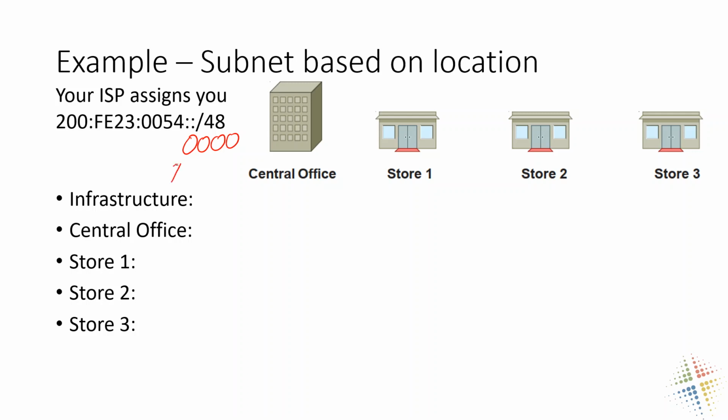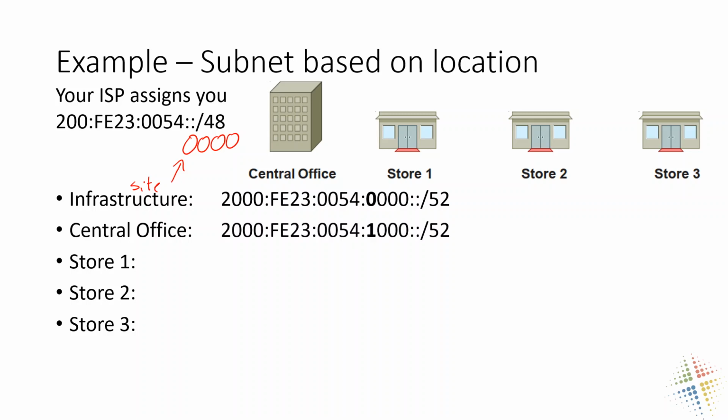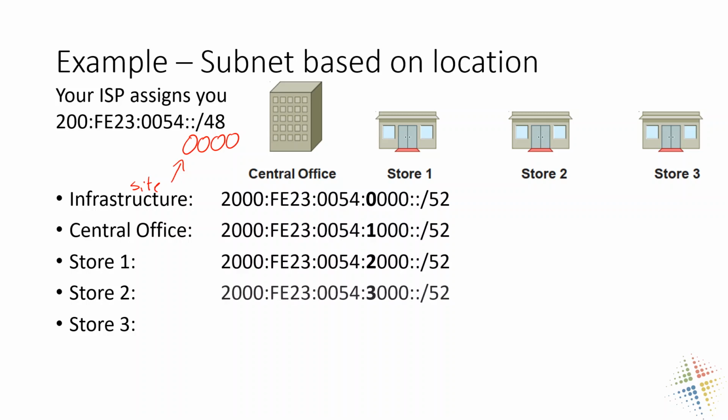For instance, let's say that very first nibble is my site. Well, if the very first nibble is my site, then my infrastructure is going to be like this. I'm going to take the /48 and convert it to a /52. So the infrastructure altogether is 0 /52. The central office then is going to be 1 /52, and so on and so forth.